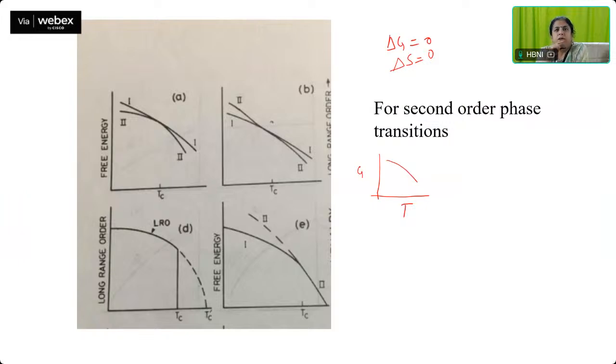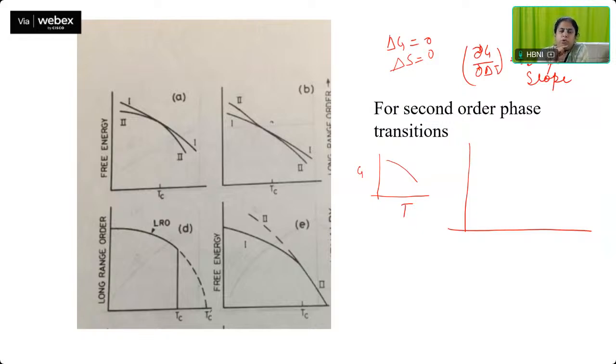Now what is delta S? Delta S is del G by del T. What is this? This is nothing but the slope of this GT curve. Okay. So this implies that at Tc, the phase transition temperature, the slopes of my two curves cannot be different for phase 1 and phase 2.